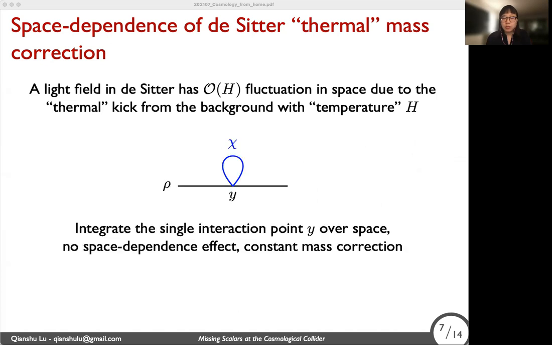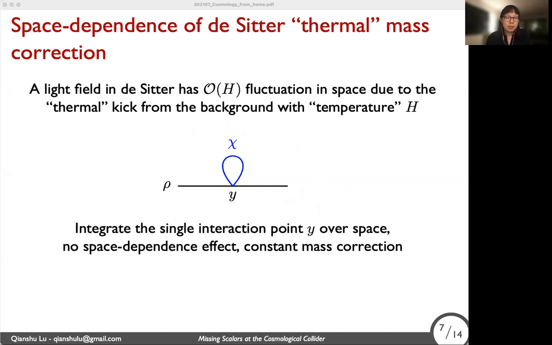Now, in our rho square chi square theory, the leading diagram that generates a correction to the rho propagator is this one. But very soon we'll realize that this diagram is not going to generate the signal we want, because in this diagram, there's only a single interaction point, that is y. And to calculate this diagram, we'll essentially be integrating this interaction point over all of space.